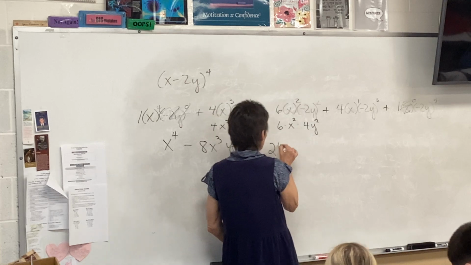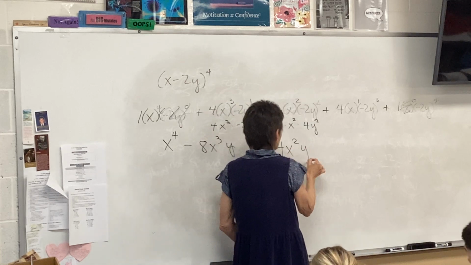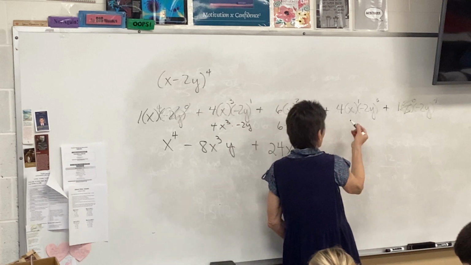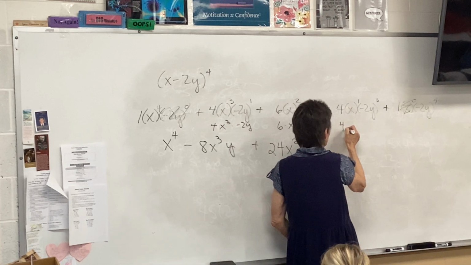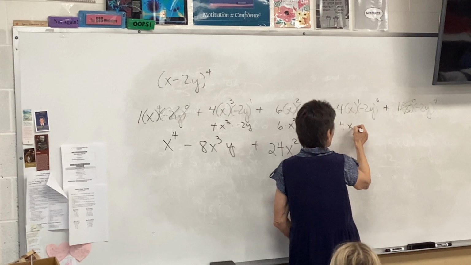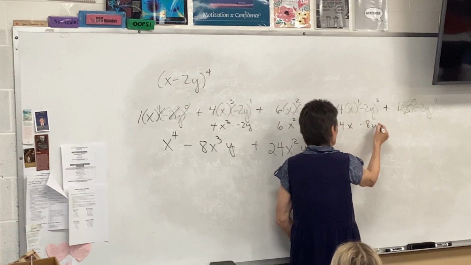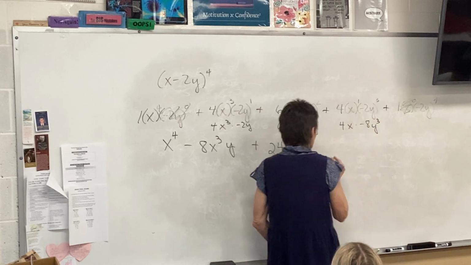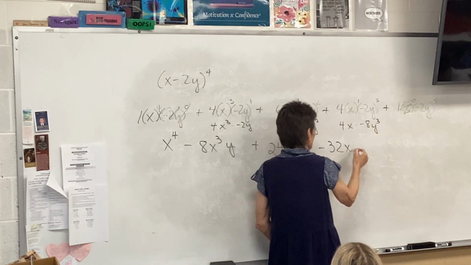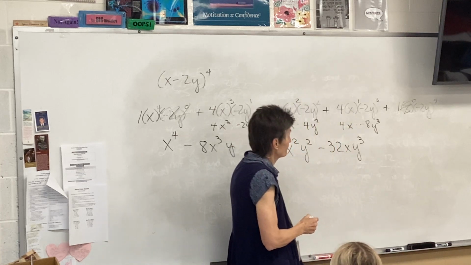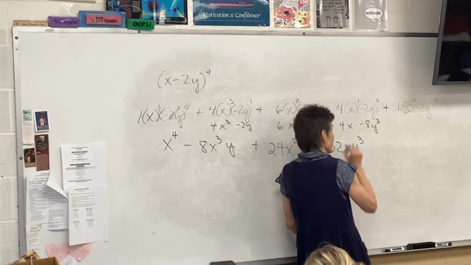So we have 24 x squared y squared. Okay, what have I got here? 4 x, and what's that? Negative 8y cubed, and that's times. So negative 32 xy cubed. And then what's on the end?